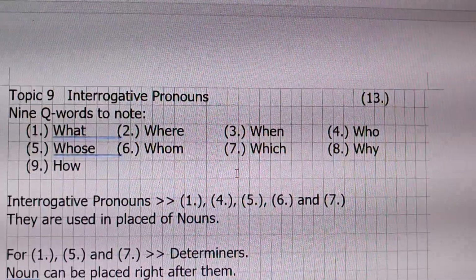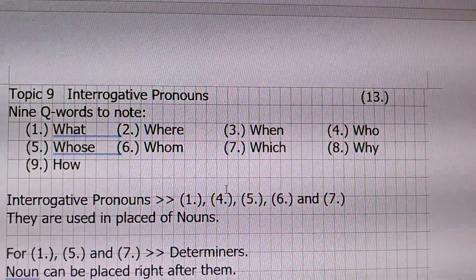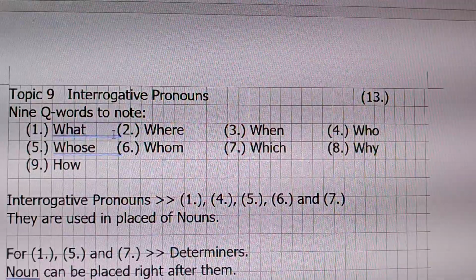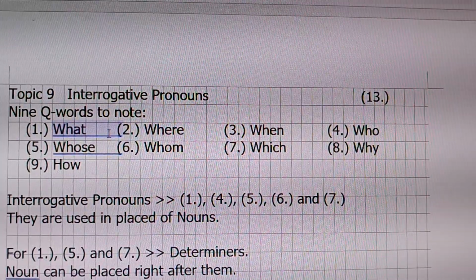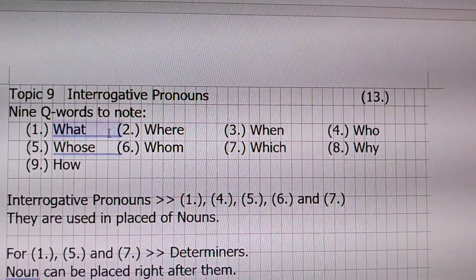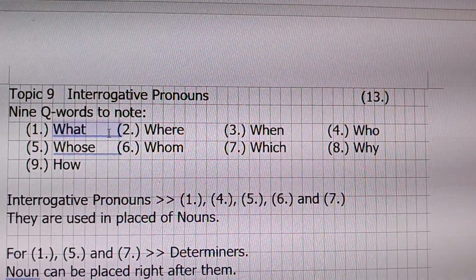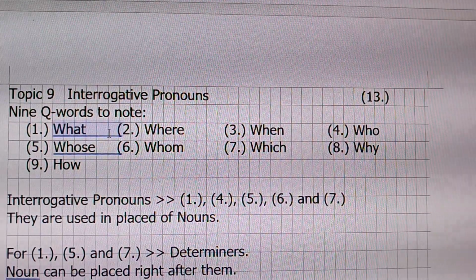So topic 9, interrogative pronouns. There are 9 question words to note. Memorize them: what, where, when, who, whose, whom, which, why, how. It becomes spontaneous, and you can say it smoothly once you have caught it in your brain.